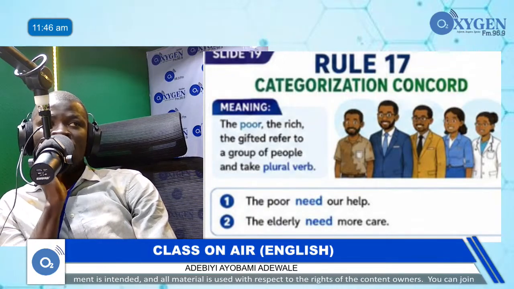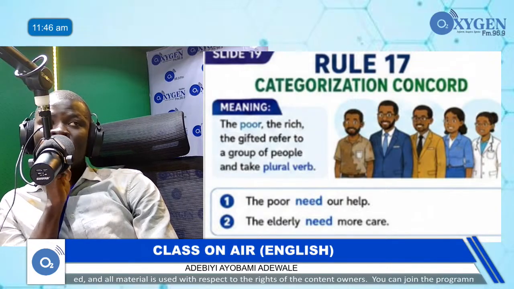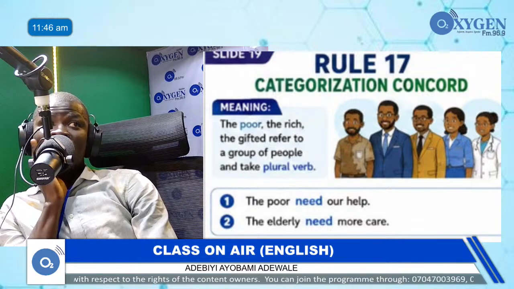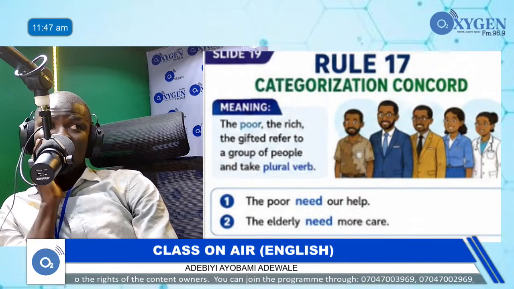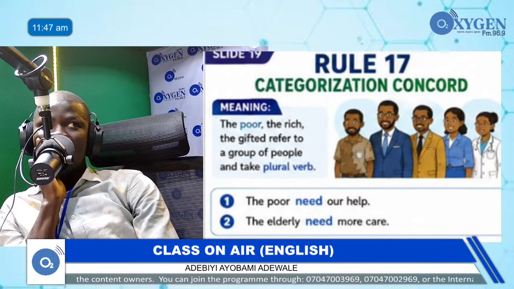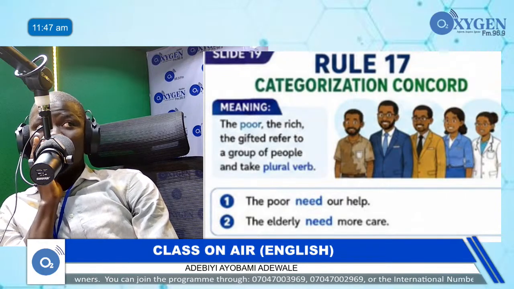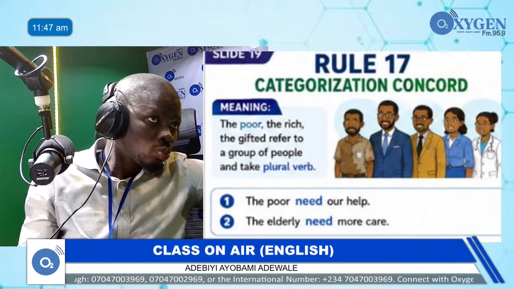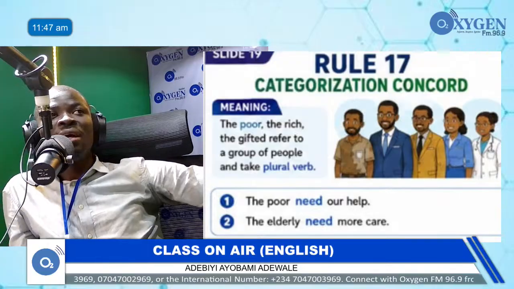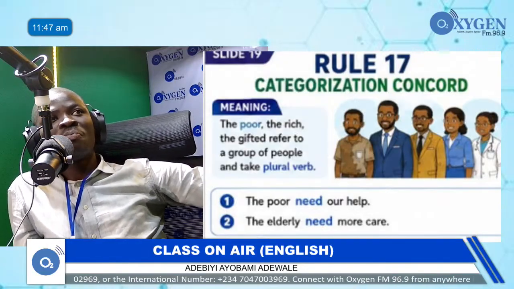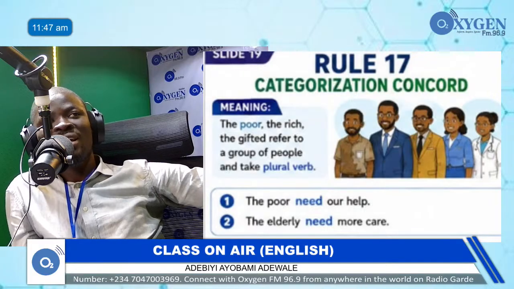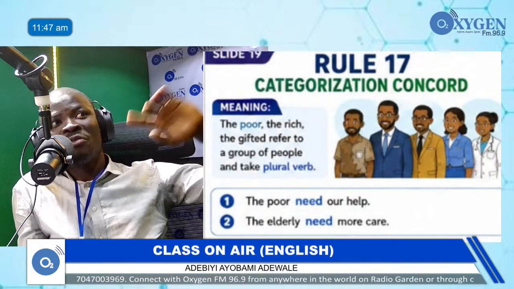Categorization concord is usually described as what we call general concord in modern English classes. It means that words, more often adjectives, tell us that a group of persons are involved in this description, a group of people, a group of character, a group of set, different persons involved in this character.